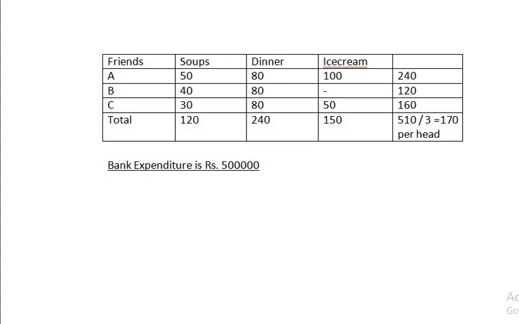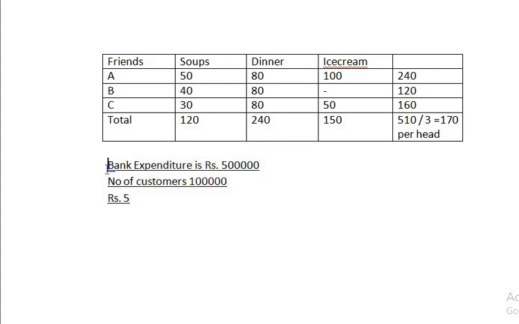The total number of customers in the bank is 1 lakh. So 5 lakh divided by 1 lakh is rupees 5. So the total cost is absorbed on the basis of number of customers, and each customer is debited an amount of rupees 5.